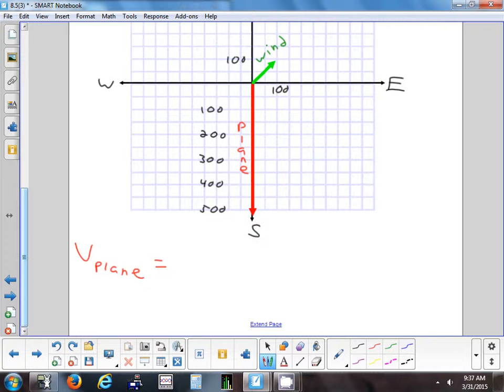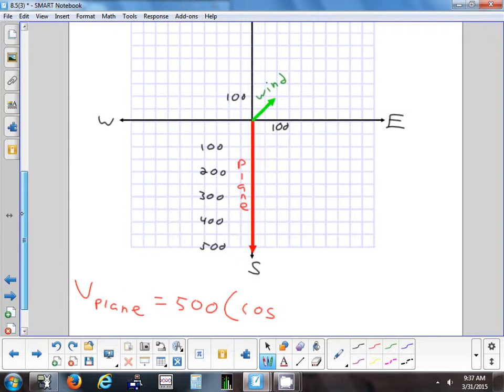What's the magnitude? How fast is the plane going? Yep, 500. Now we want to think of the angle the plane is flying at.